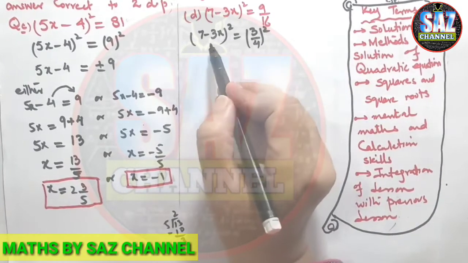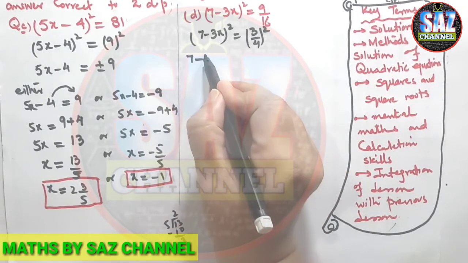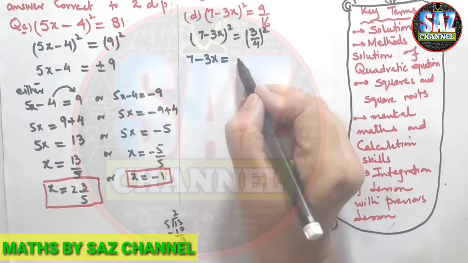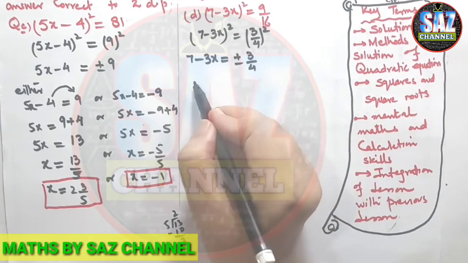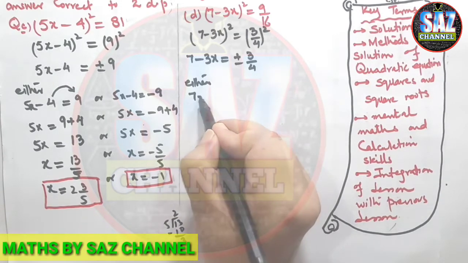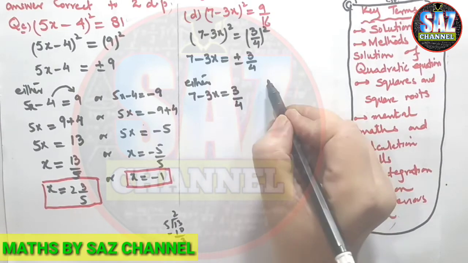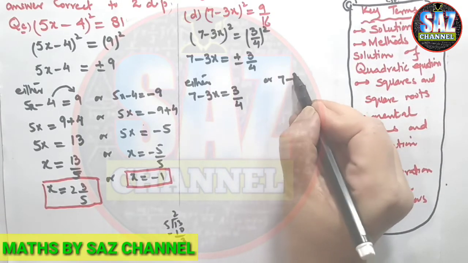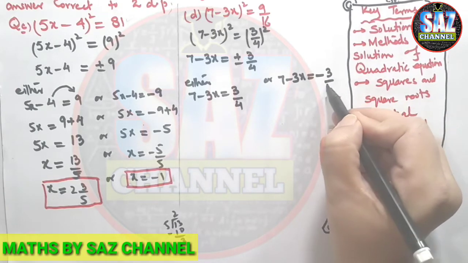In order to get value of the variable, I have to take square root on both sides, and I will get 7 - 3x = ±3/4. Now either 7 - 3x = 3/4 or 7 - 3x = -3/4.